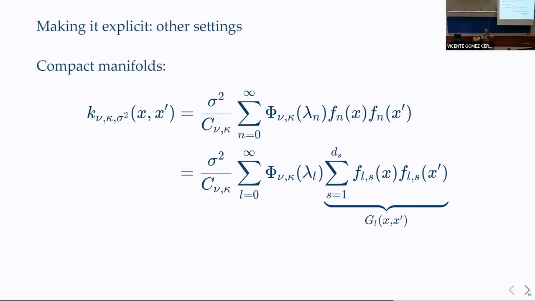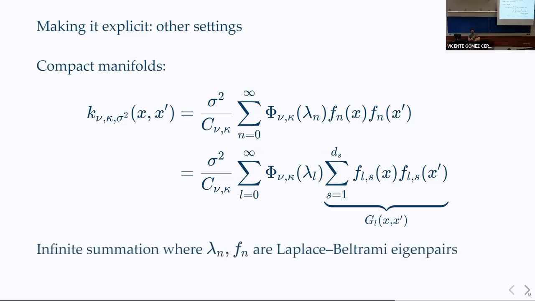So say you live on a sphere. This is what happens. Here, first of all, we have an infinite summation, and lambda_n and f_n are now Laplace-Beltrami operator eigenpairs rather than graph Laplacian eigenpairs. And there is an infinite number of these.